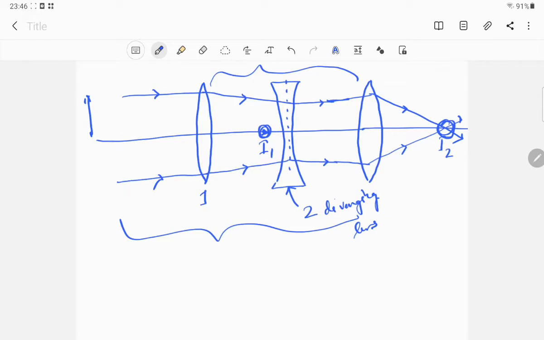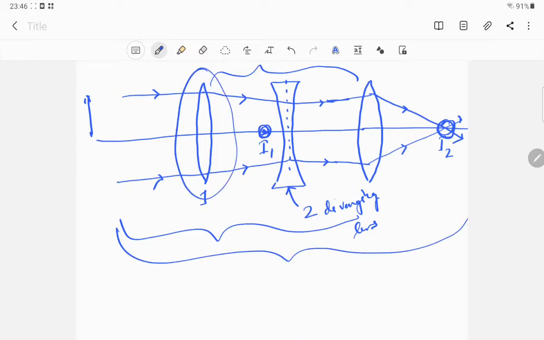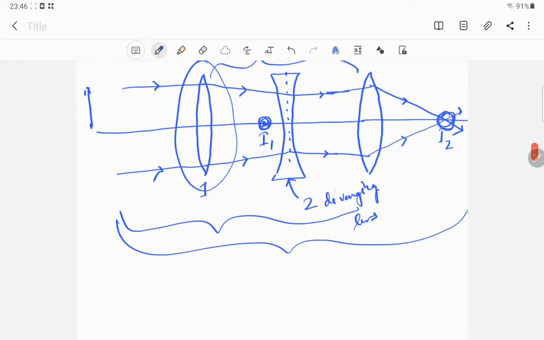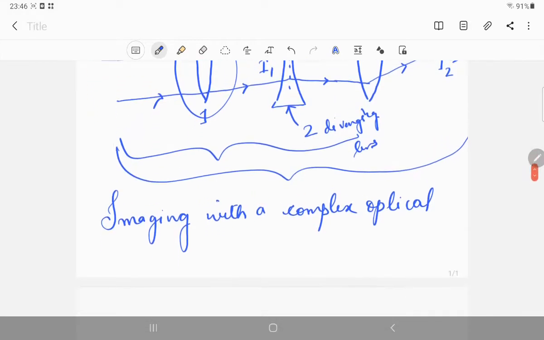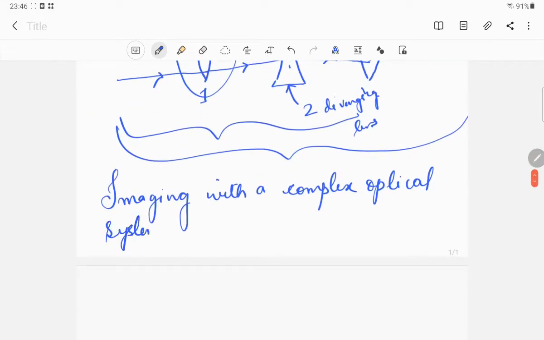That means when you have an optical system, this whole thing is an optical system. Earlier it was an optical system with only 1 lens. Now you have an optical system with 3 lenses, and now the image is different. So imaging with a complex optical system is complicated.